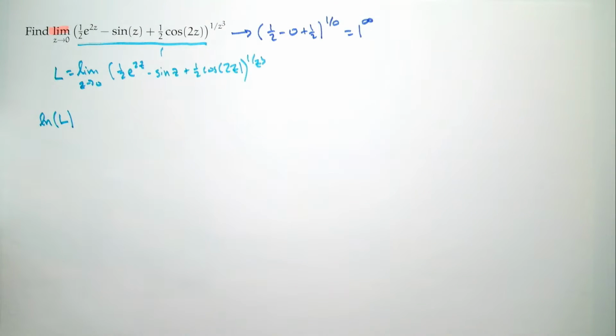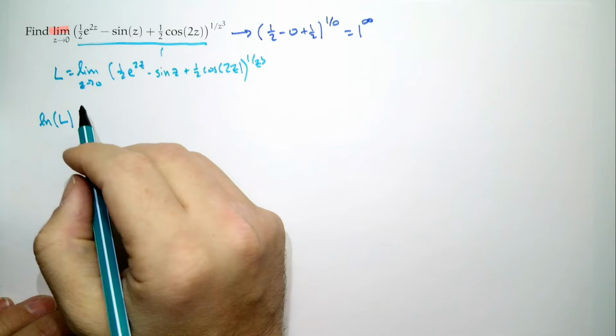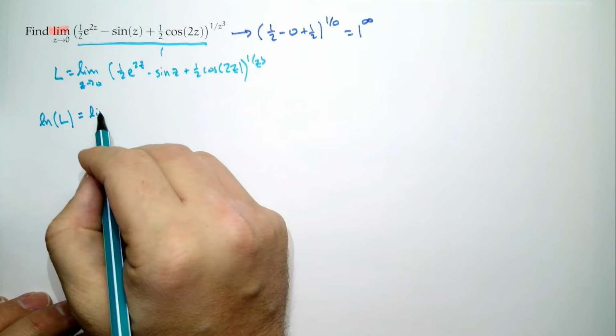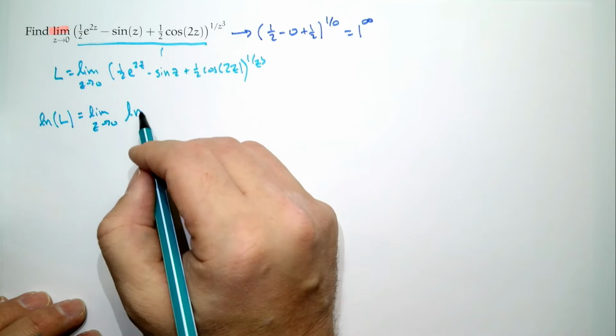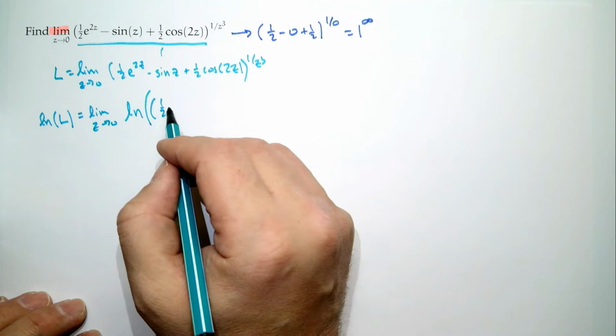So it looks like I take the log of the limit. But because log is a nice function, and by nice we mean continuous, I can push log into the limit. So this is the same as the limit as z goes to 0 of log of everything.